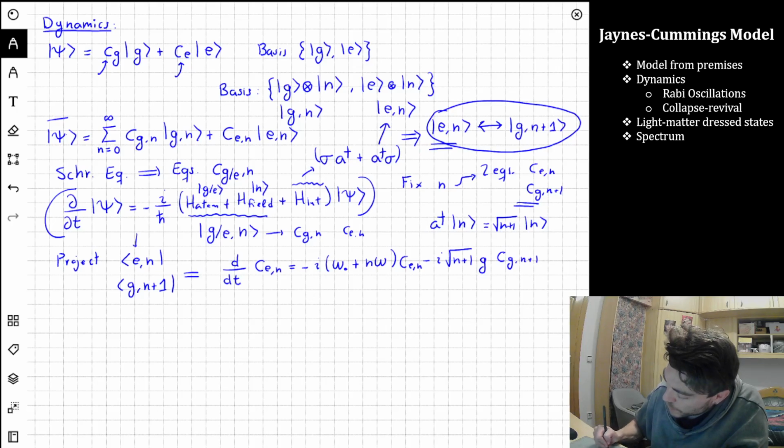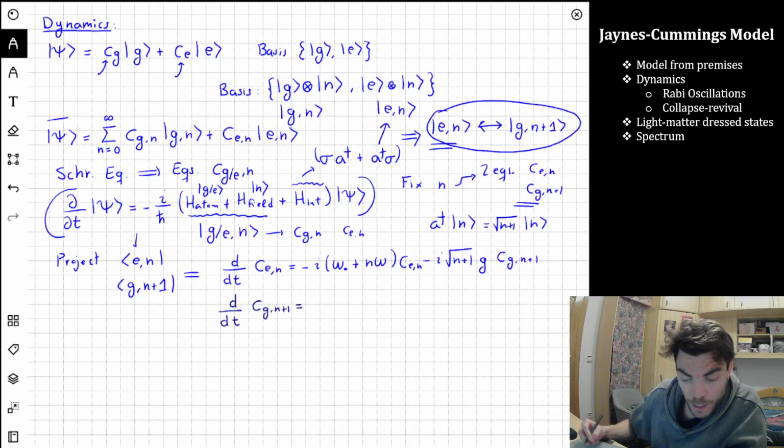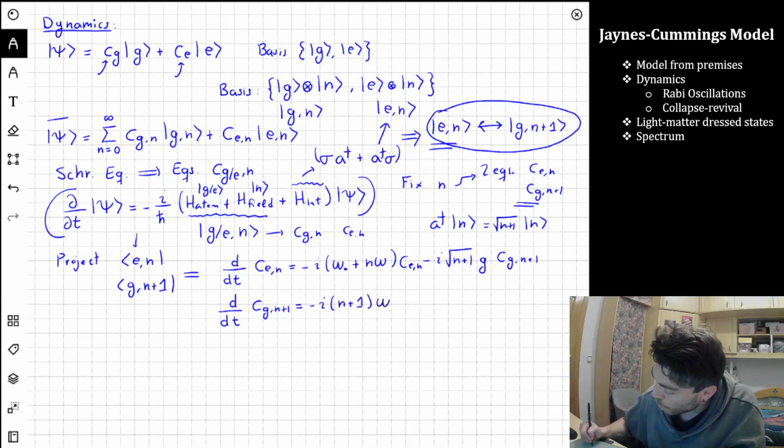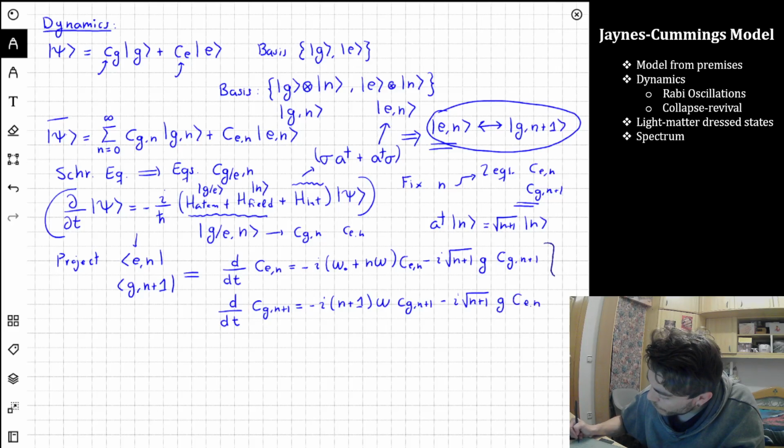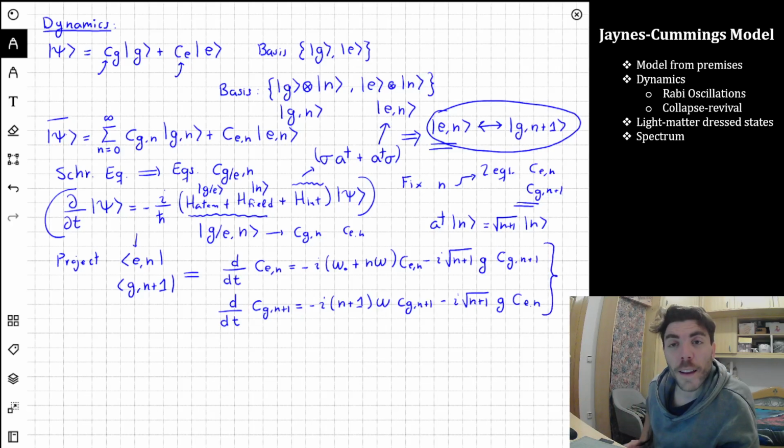Okay, and then similarly for the other coefficient, we have the derivative of C G n plus 1 equal to minus i n plus 1 omega C G n plus 1, minus i g square root of n plus 1 as well, times C E n. And these are the two coupled differential equations that, fixing n, we can solve.